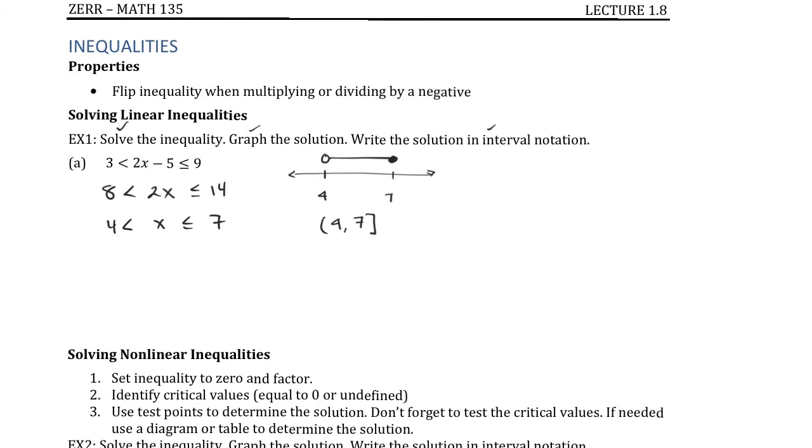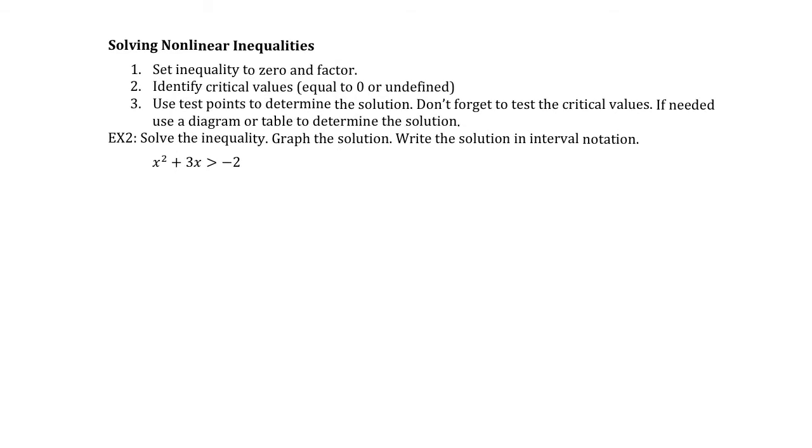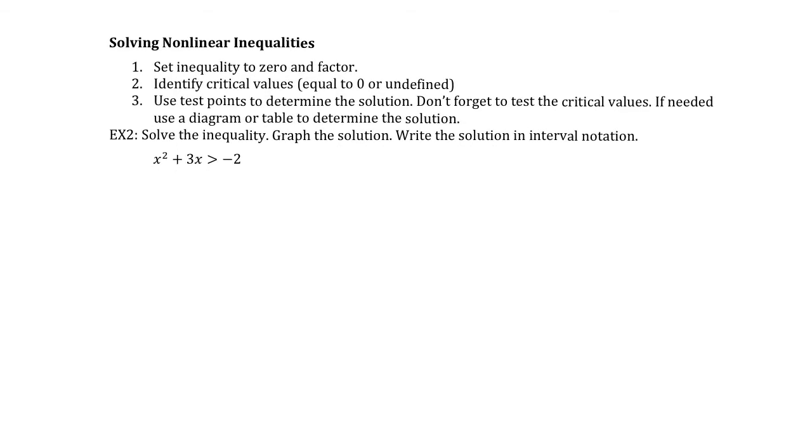Now let's look at nonlinear inequalities. With these, we need to set this equal to 0, so I'm going to add 2 to both sides. And now our next step is to find the critical values. We're going to set this equal to 0 and solve it.